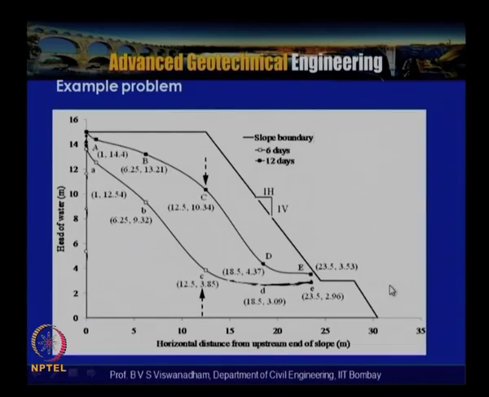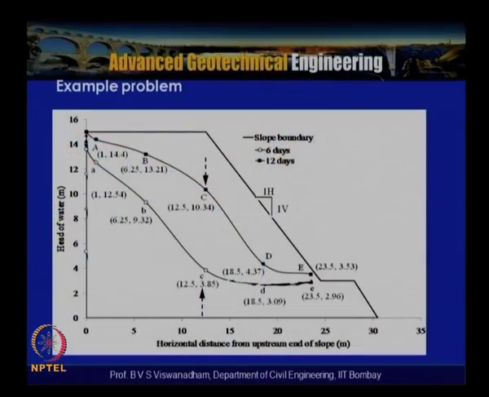So this is the typical problem statement, and the solution can be addressed by using this particular formula. If you want the velocity between B and C, this is the phreatic line for the 6th day, and this is the phreatic line for the 12th day. So water actually progresses from this direction.